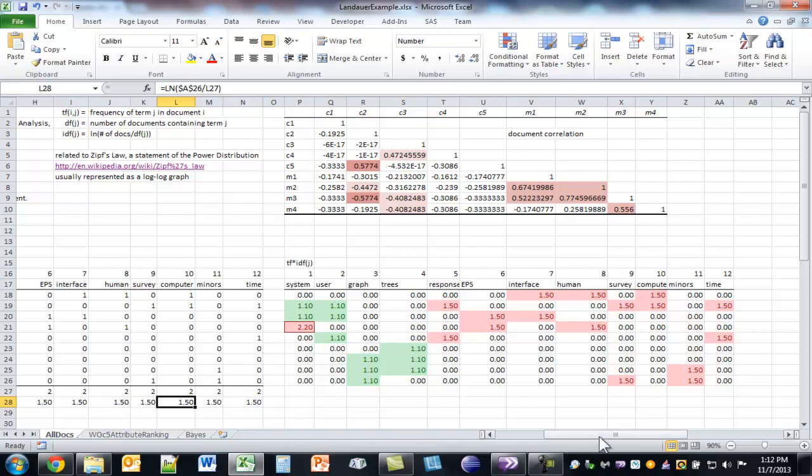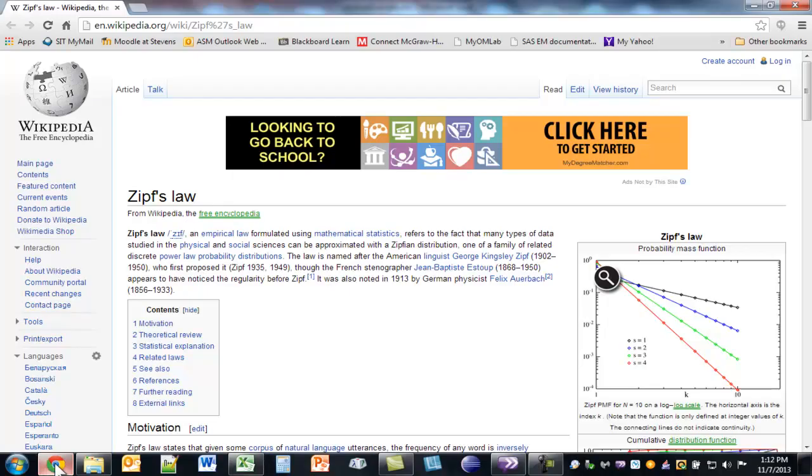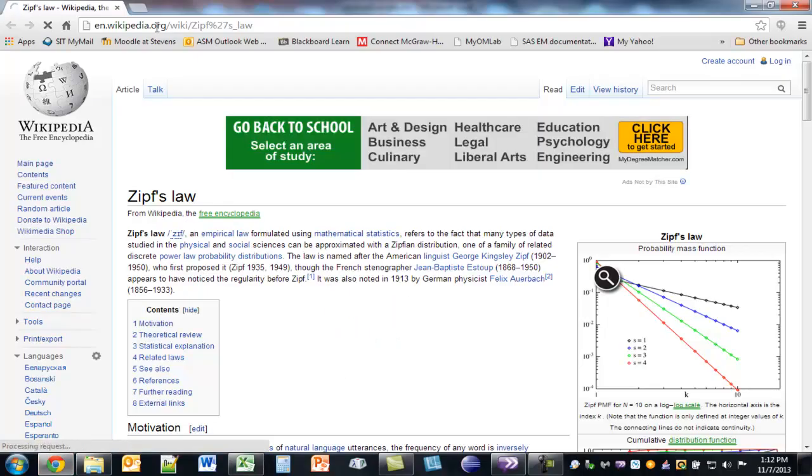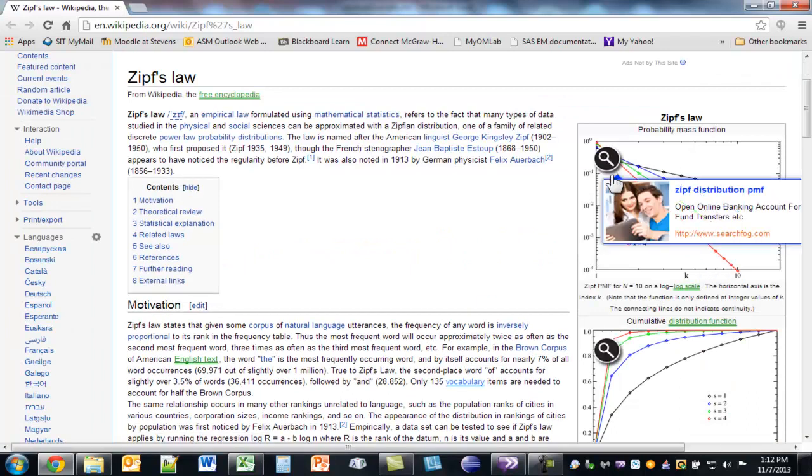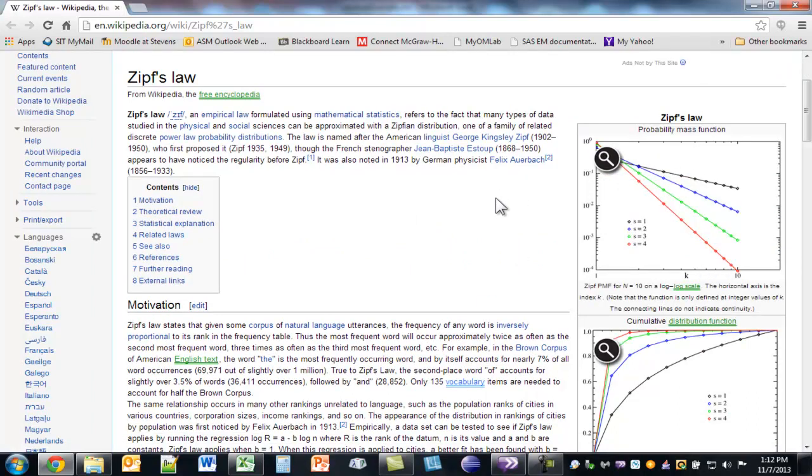The reason we use a log is because it's based on word frequencies, and they have a distribution. It's called Zipf's law. And here's a Wikipedia article about it. If you notice, they're basically shown on a log-log scale.